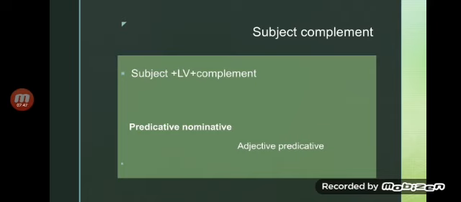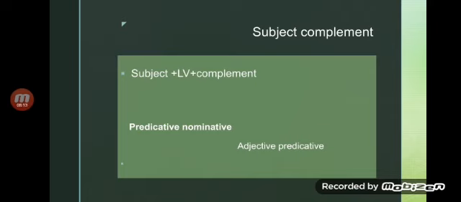On the other hand, the third one is the status verbs. What are those? To grow, to turn, to become, to remain, to stay. So these are three types of linking verbs.